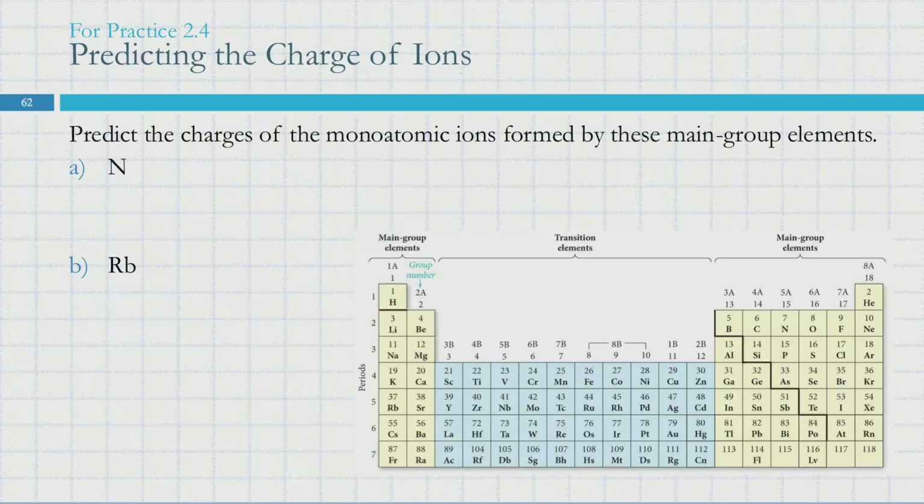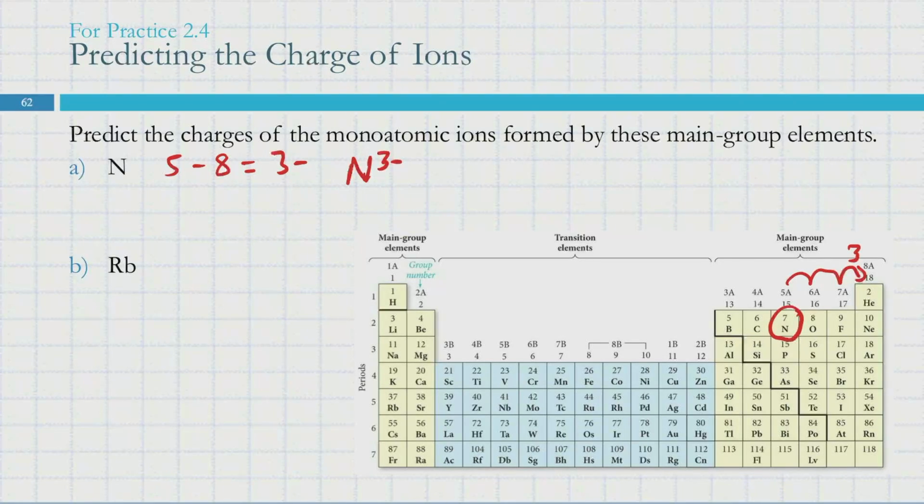So nitrogen, we're going to find in group 5A or 15. So we can do that group number minus 8 to get the charge. 5 minus 8 is -3, so this would be N3 minus. We could also count the number of spaces that we move over to get to the noble gases, also 3, so it's a 3 negative charge.